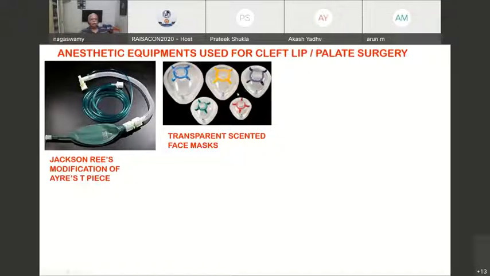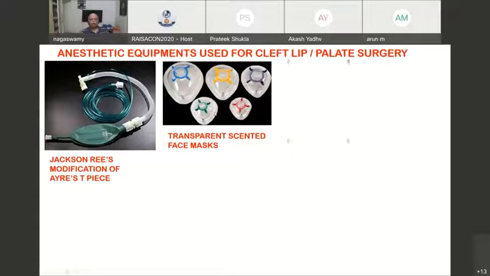There is a pad with 4 straps which will be kept behind the head, and you can hook it onto that so that it will stay in place. So you don't have to strain your hand holding it until the completion of the surgery. In olden days, British anesthetists completed most of the surgeries holding the mask itself. So this is called the holder for that, which we don't use nowadays. But it is used as a color coding for identification of the size.